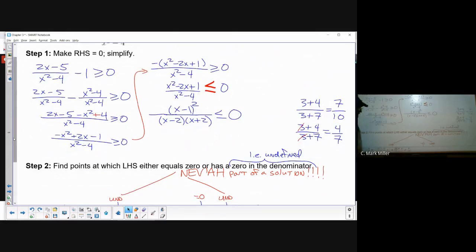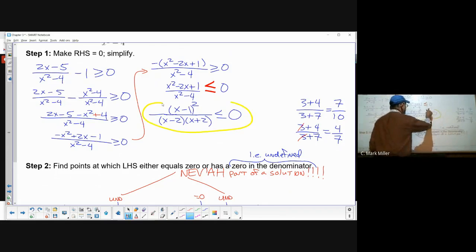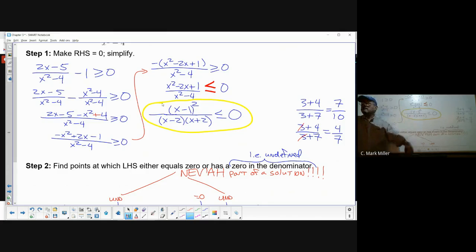Where we needed to arrive in step 1 was right here. Right? And so if you have a fraction, it can only change signs when the numerator or denominator equals 0. Oh, by the way, I did put the notes online for this.